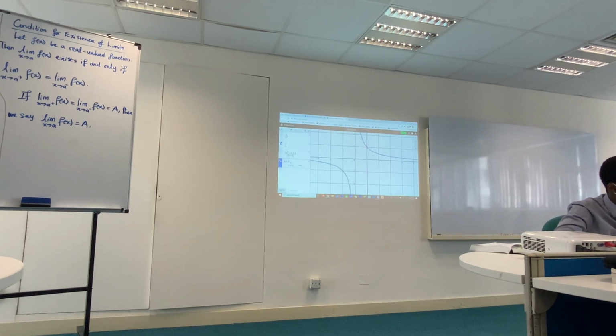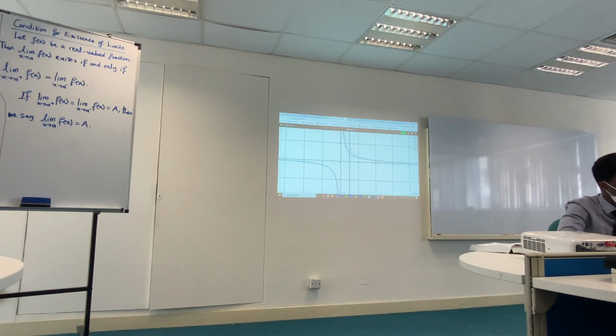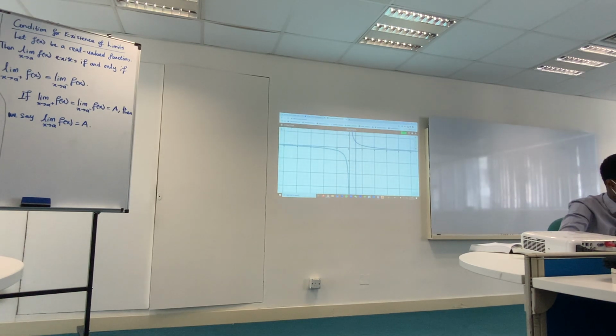Okay, so now look at this. The x value is coming from different directions, right? So let's say x is coming from below.